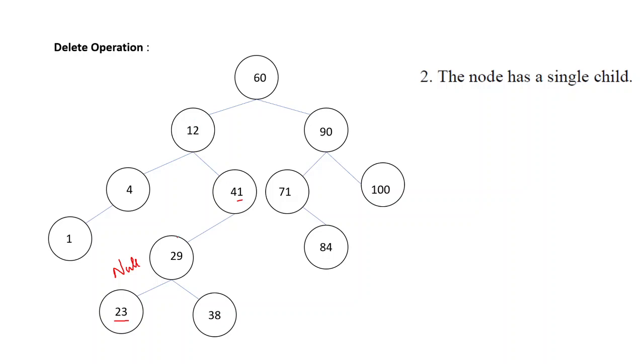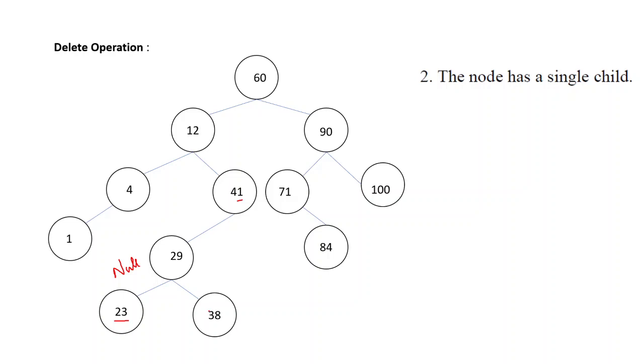If we had followed the same principle and made the left child pointer of 12 point to null, this entire subtree would be lost. You will not be able to recover these three nodes. So clearly this can't be done.